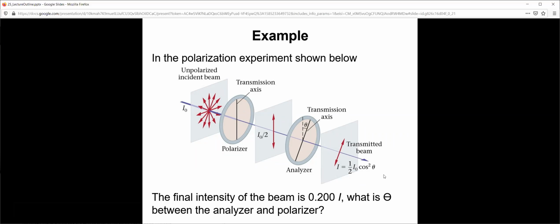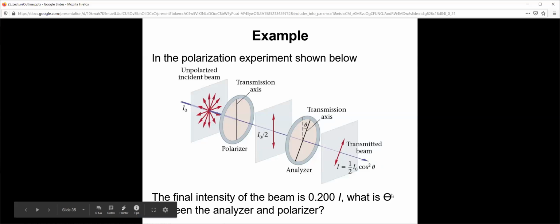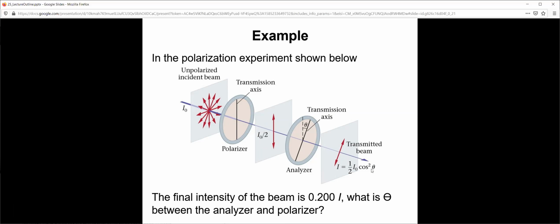What is theta on the analyzer to give you that amount of intensity at the end? However strong the beam was when it started, when it entered this polarizer, it came out at 0.2 of it. What does theta need to be? Essentially, I'm asking you to solve for theta, shown here.